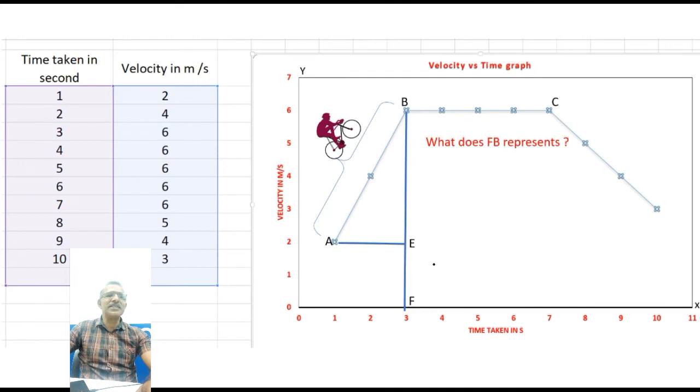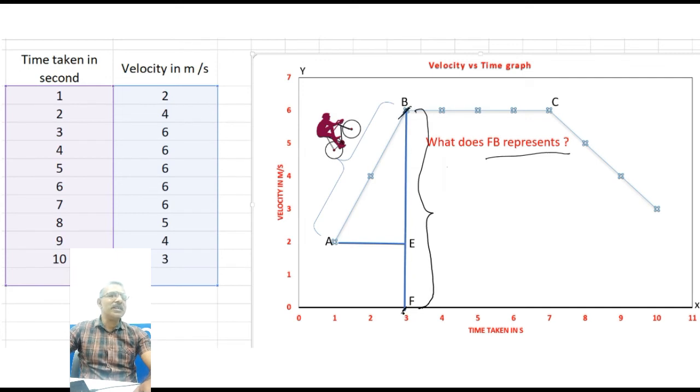We have done some extra constructions. So the question is, what does FB represent? FB is the length of this particular height, FB.